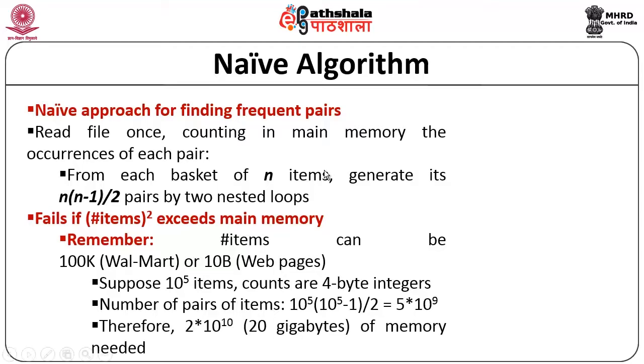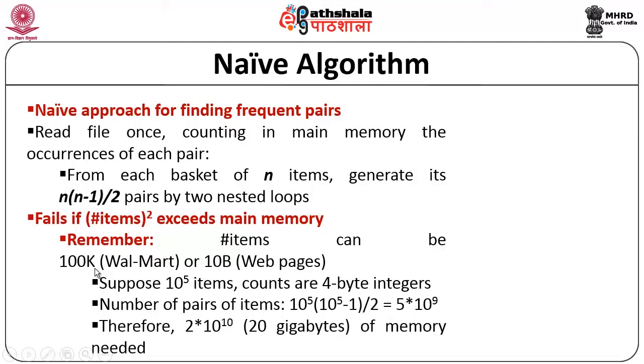Let us take a scenario. Consider Walmart, assume it has say 100k items, or consider another scenario, for example Google, which is dealing with 10 billion web pages. Here 10 billion is the number of items, similarly 100k is the number of products.